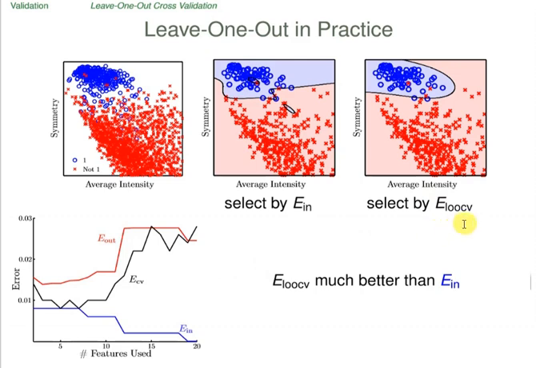So in practice, the models selected using leave-one-out cross-validation error provide us better generalization to unseen examples and are expected to track out-of-sample error. Therefore, it is one of the best methods for selecting a model.